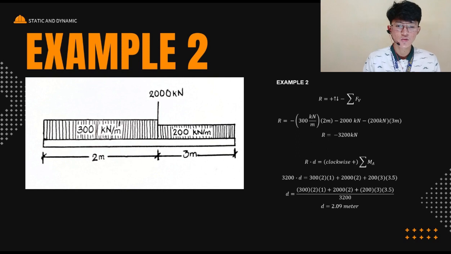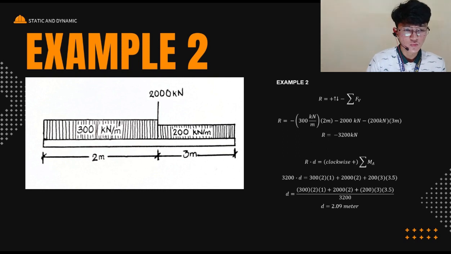And yung 200 kN per meter naman is nakalagay sa 3 meters. And then may 2,000 kN na isa pang force. So, for our solution, gagamit tayo ng formula na R equals summation of force vertical dahil vertical lang din naman lahat ng ating forces. So, positive pataas and negative pag pababa.